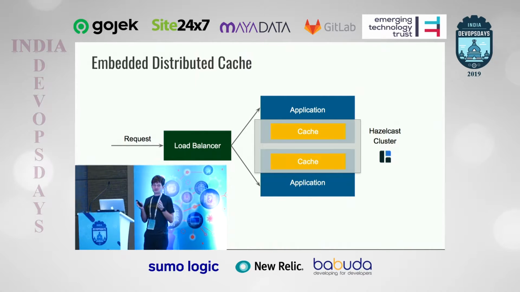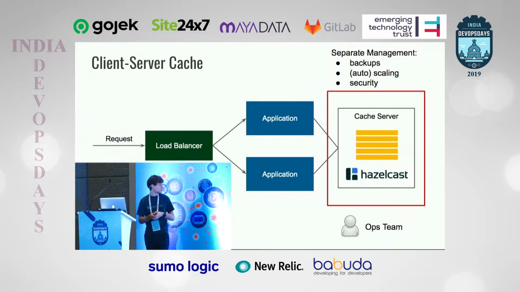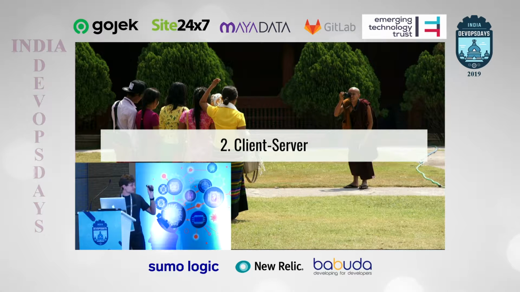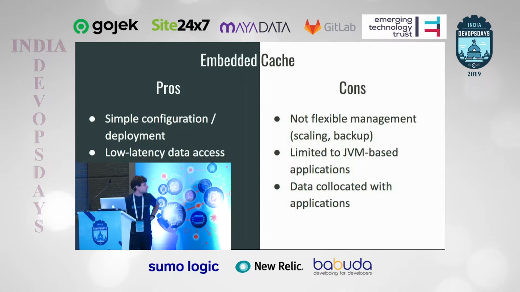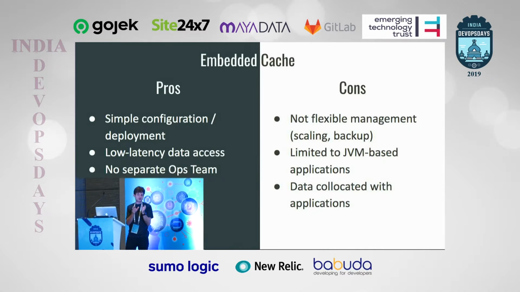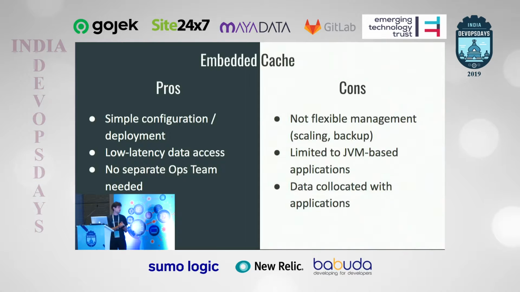So now let's look at the pros and cons of using embedded cache. The good thing about embedded cache is it is very simple to configure and deploy because it goes together with your application. You have very low latency data access because after all it runs inside the same JVM, inside the same process, and on the same machine.